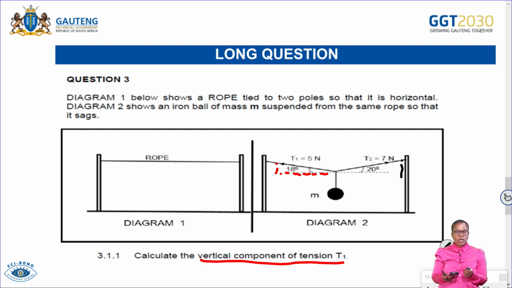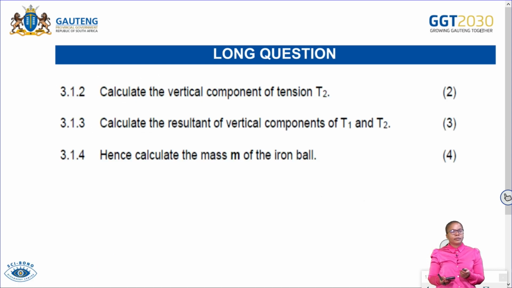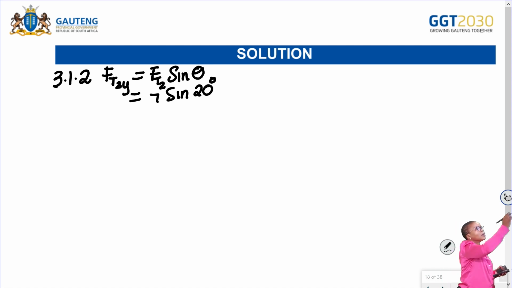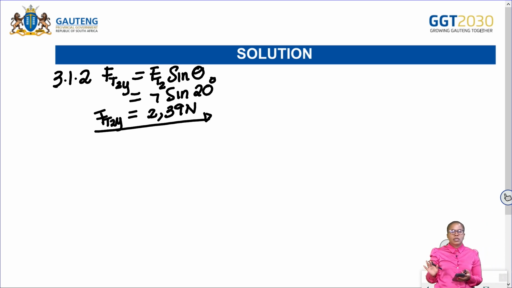It's going to give us 2,39 newtons. That is your FT2y. That is how easy it is to find your vertical component. So we've resolved a vertical component for T1 and we've resolved a vertical component for T2.